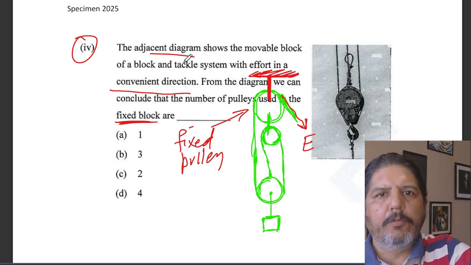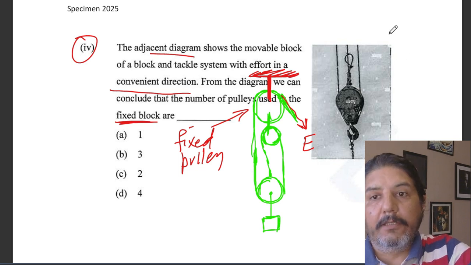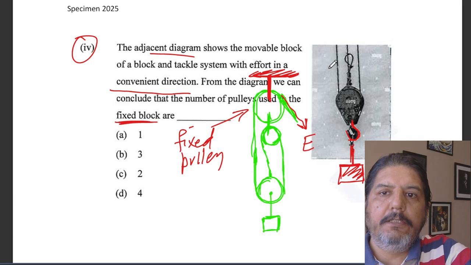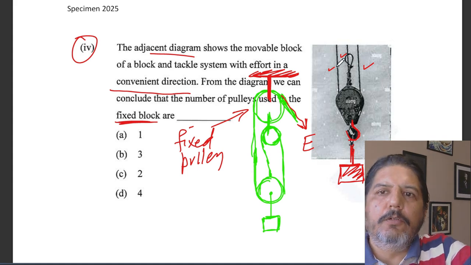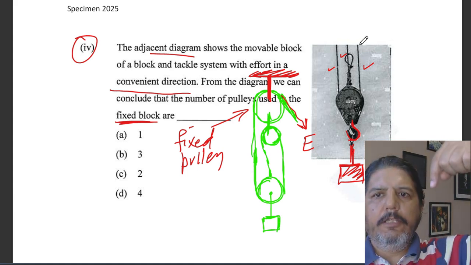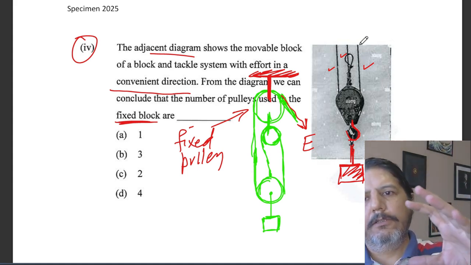And now let us look at the question. Let us look at the diagram. So what I see is that this would be the lower part, and this is where the load would be there. Now I see 1, 2, 3. So one of the tricks is that there are three parts of the rope supporting this load.